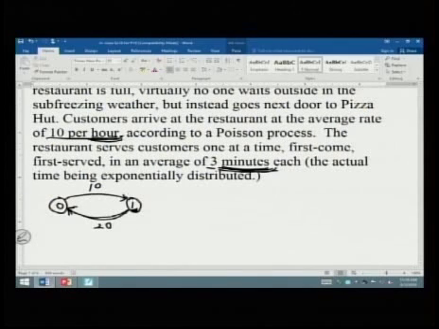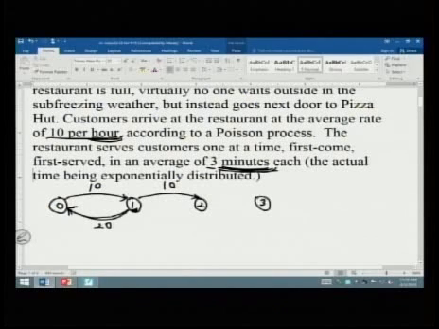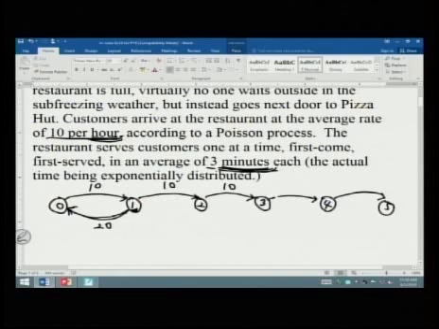Okay. So if there is one customer already, then what is the arrival rate again? That's going to be the same, 10 per hour. And then we're going to have service rate all the way up to 5, right?